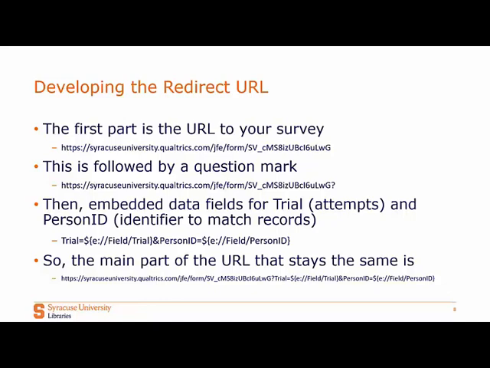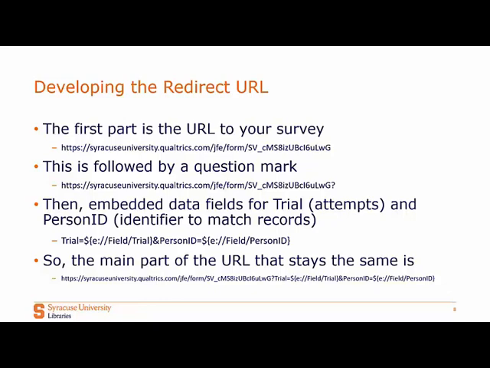In this example, if you are at a different institution than Syracuse University, then obviously the very first part of this URL will be different. But this is the basic URL to your survey.